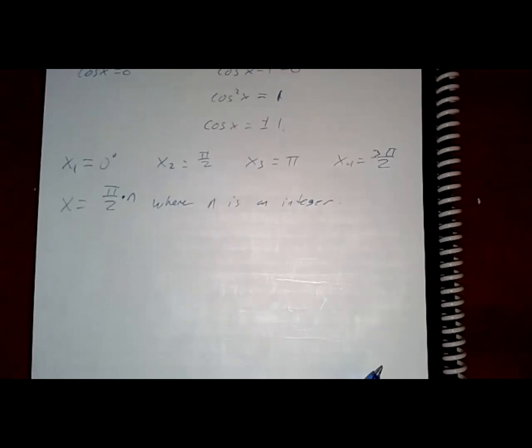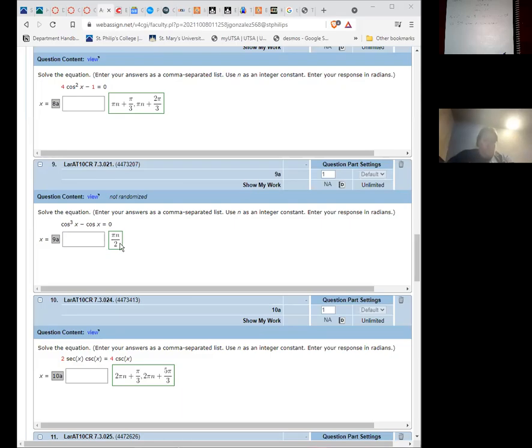So how does the answer actually look in the homework? Like if you were to put a box around the actual answer, is it literally pi over 2n? Yeah, pi over 2n. So they want you to enter your answer.